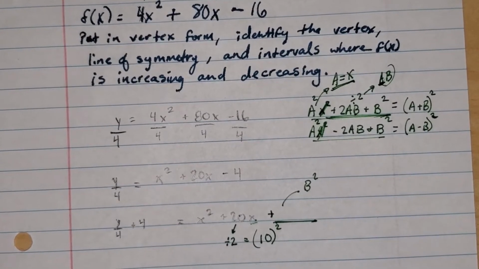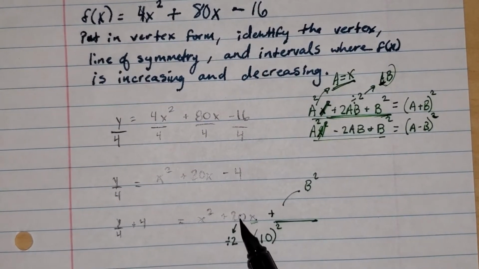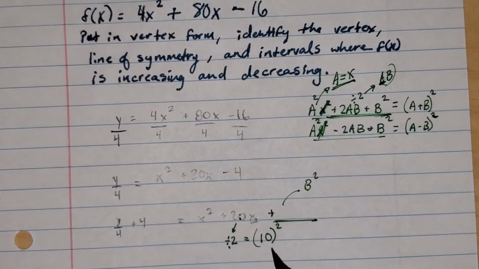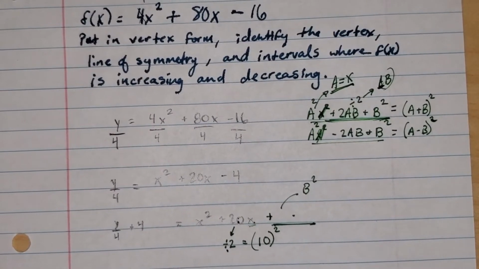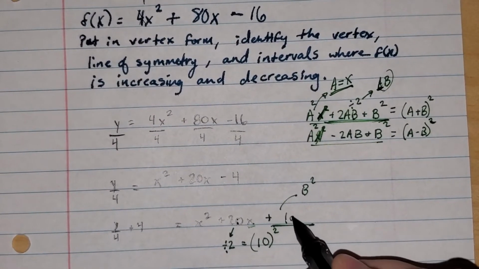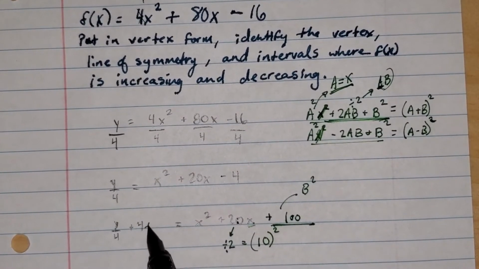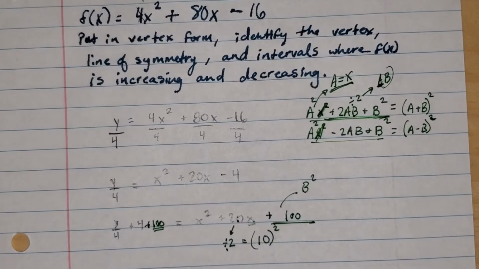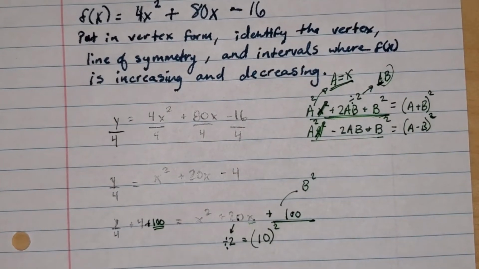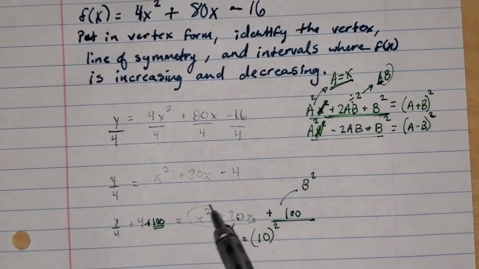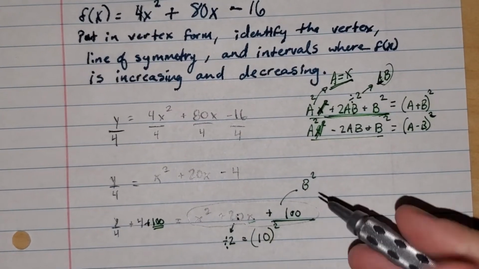If you're still not quite with me, take this middle term, divide by 2, square it. Bam. Okay, so that's 100. Because I added this to the right-hand side, I have to add it to the left-hand side. Okay? Now, take this here and factor it.